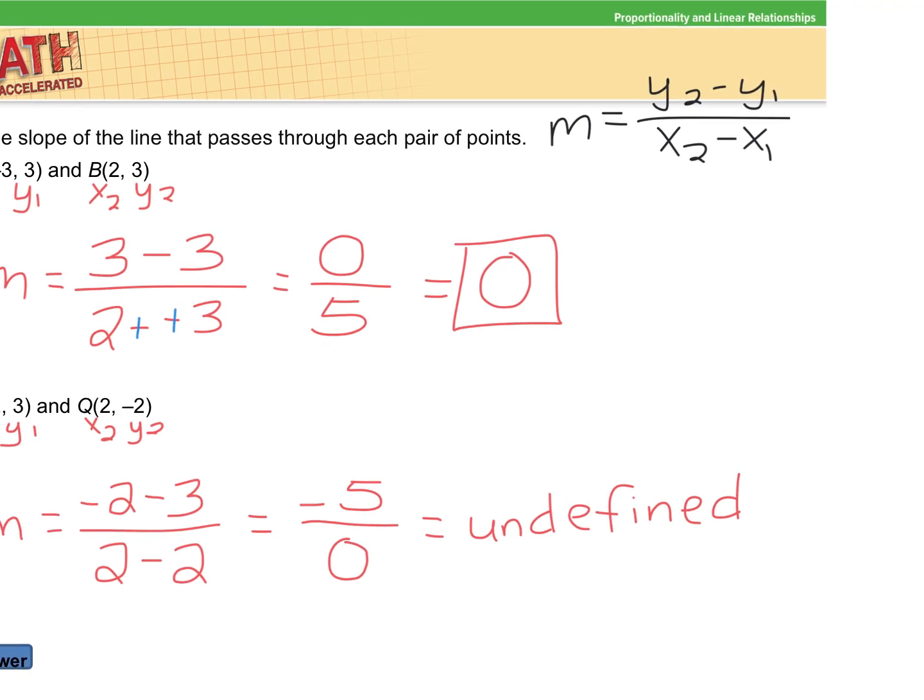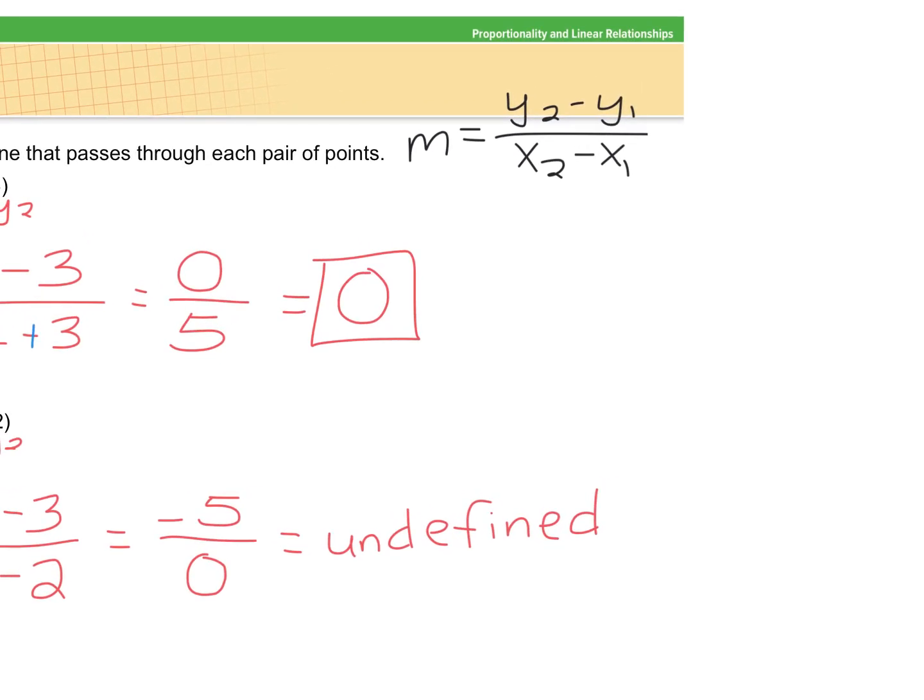So it's undefined. Let me show you a little trick to remember the difference between 0 and undefined. Everyone write this down next to these examples. If we have 0 on the top and a number on the bottom, I'm just going to use variable k, that's okay. So we can get 0.